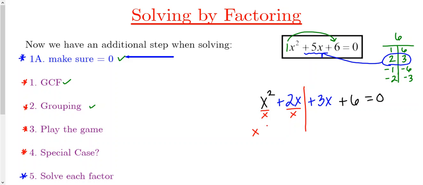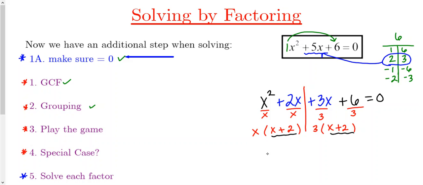So x goes in front of parentheses, and I'm left with x plus 2. GCF of the second 2 is 3. 3 goes in front of parentheses, and I'm left with x plus 2. Now I know I'm on the right track because my x plus 2's match up.